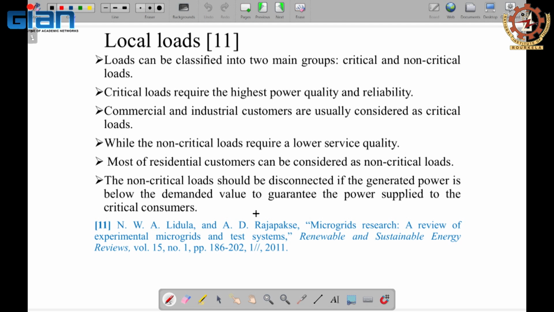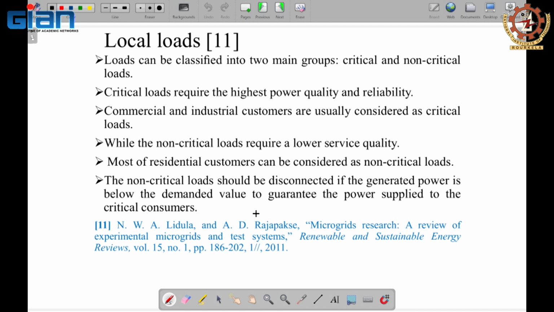Then talking about the loads, loads can be priority loads or non-priority loads, what we call critical loads or non-critical loads, like normal residential buildings, or for example hospitals or some other priority loads.